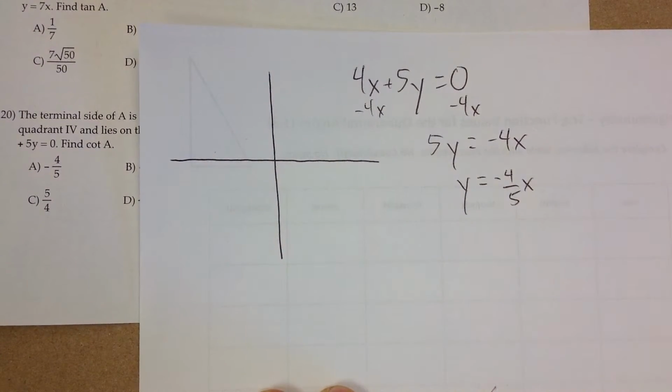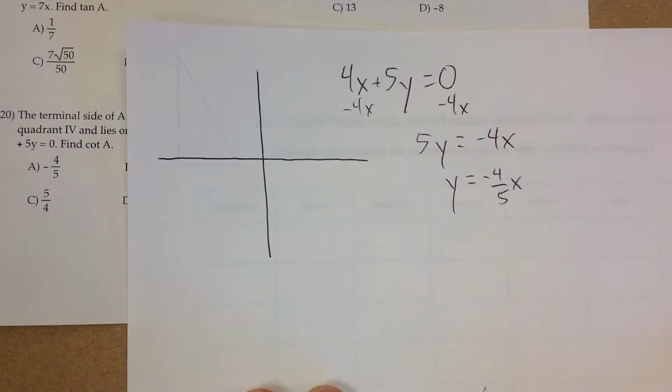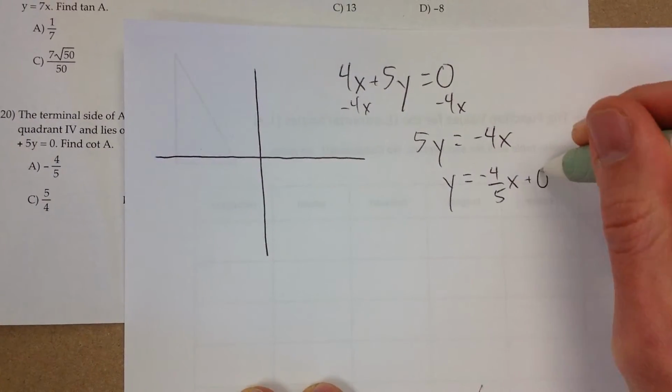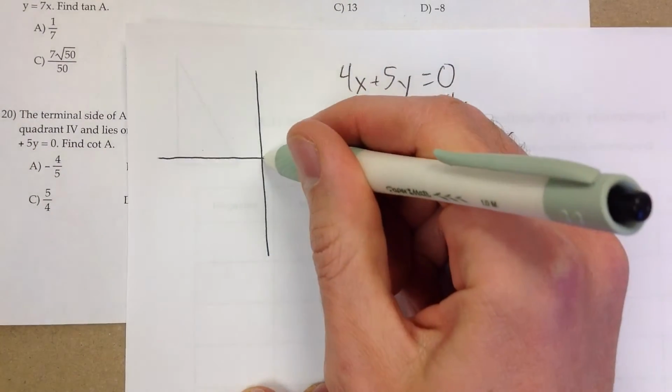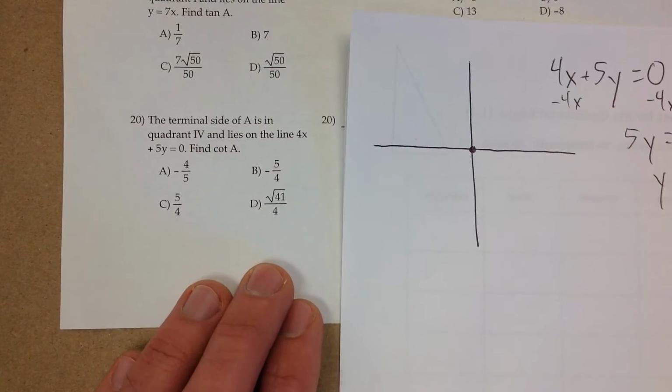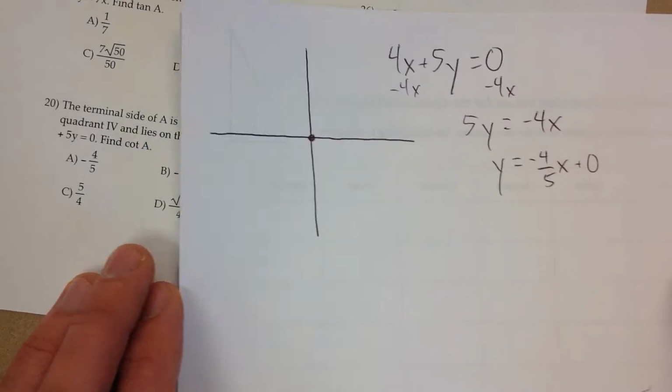And can you tell me now how to graph this? Yeah, so it's rise over run, so you go over 5 and then under 4. From where? From the quadrant 4. No, from 0. From 0, very good. This has a y-intercept of 0. So we're going to start here. And yes, please keep in mind that you are in quad 4.